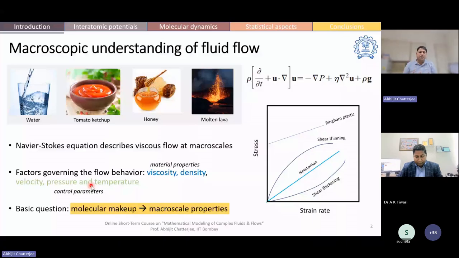So can we make use of our understanding of the molecular structure, the molecular makeup, and predict the macro scale properties? If that is the kind of question you have in mind, then molecular dynamics simulation is a very powerful tool to start from the molecular scales and predict the material transport properties and thermodynamic properties.